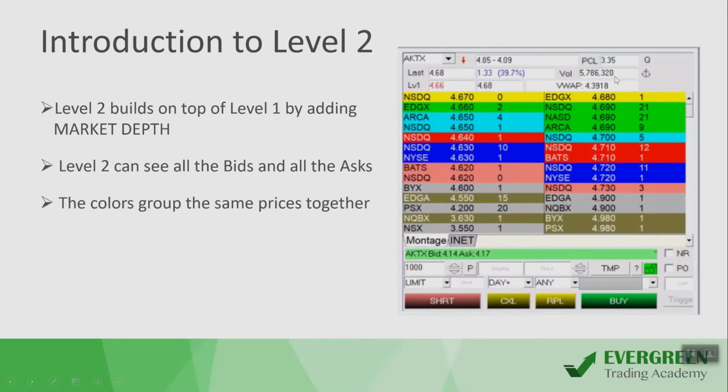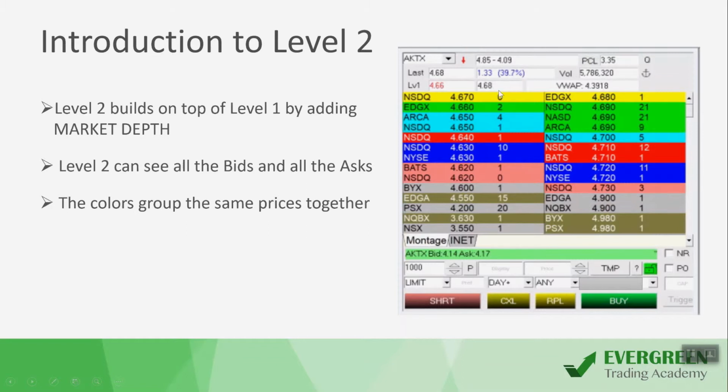This column here being the buyers, or the bid, and this column here being the sellers, or the ask. Again, level 2 is organized by the best bid and the best ask. What that means is the most expensive bid is on the left-hand side working its way down, and the cheapest ask on the ask side working itself up.